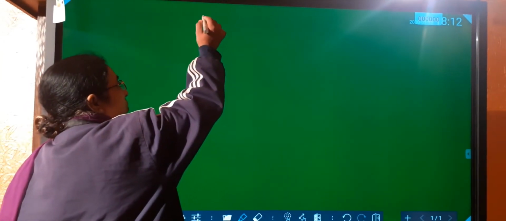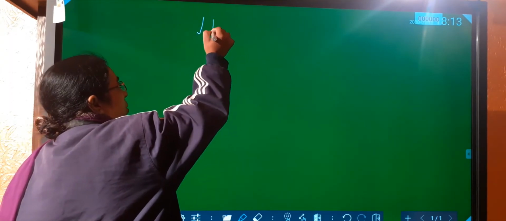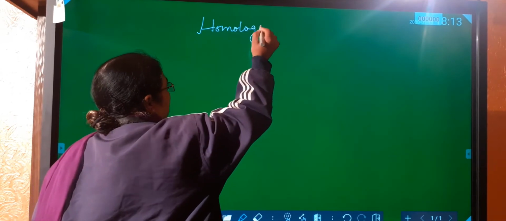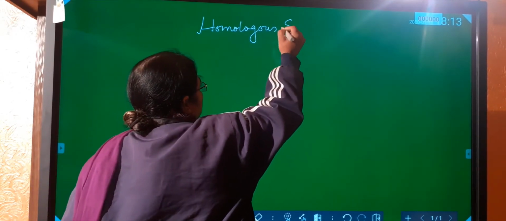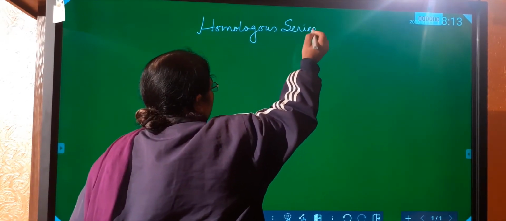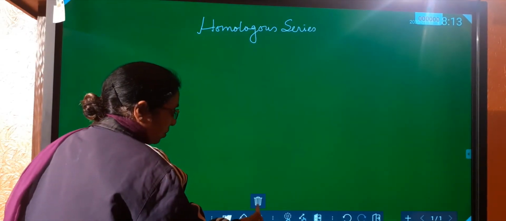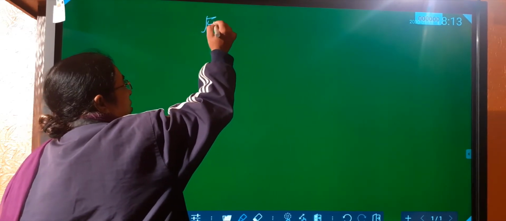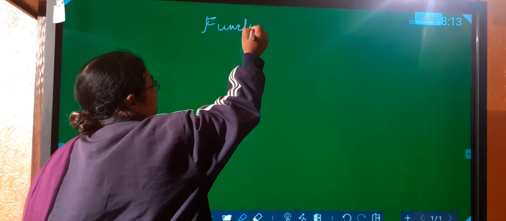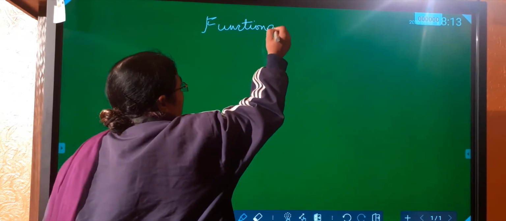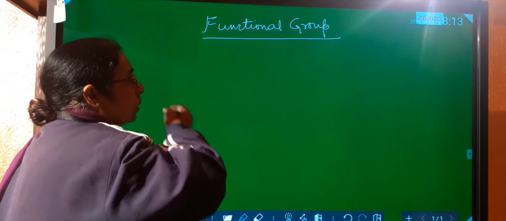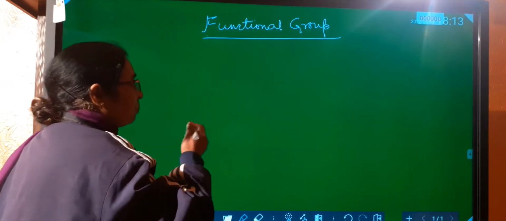Now let us learn about another term which we call homologous series. Now what is a homologous series? Alright, before this homologous series, we will discuss functional groups. We have been seeing functional groups. So what is a functional group?